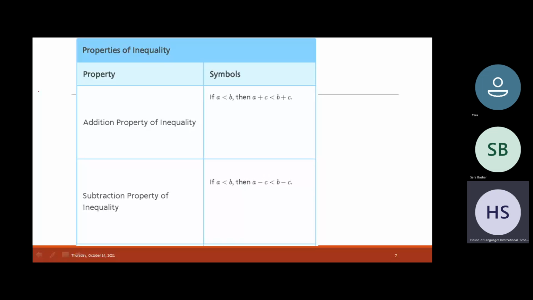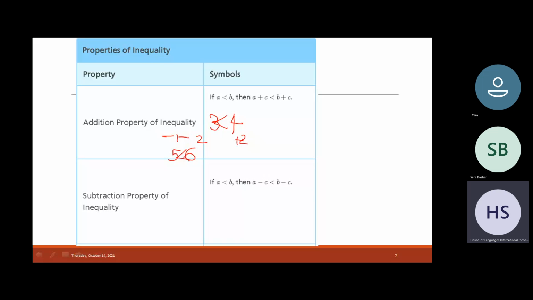Like, if you have 3 less than 4, and you add 2 to both sides, what do you get? 3 plus 2, 5, less than 4 plus 2, 6. So it's still correct. So when you add the same number to both sides of the inequality, it's still correct, as you see.